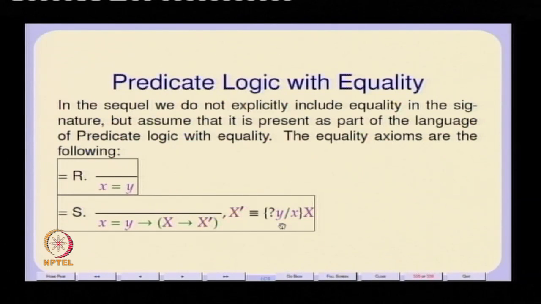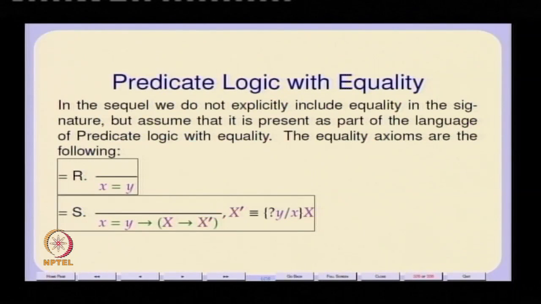This question mark is essentially to say that you can choose some subset of those occurrences of x and replace them by y. And that is the essential property of equality and congruence. I am not obliged to do a complete uniform substitution.